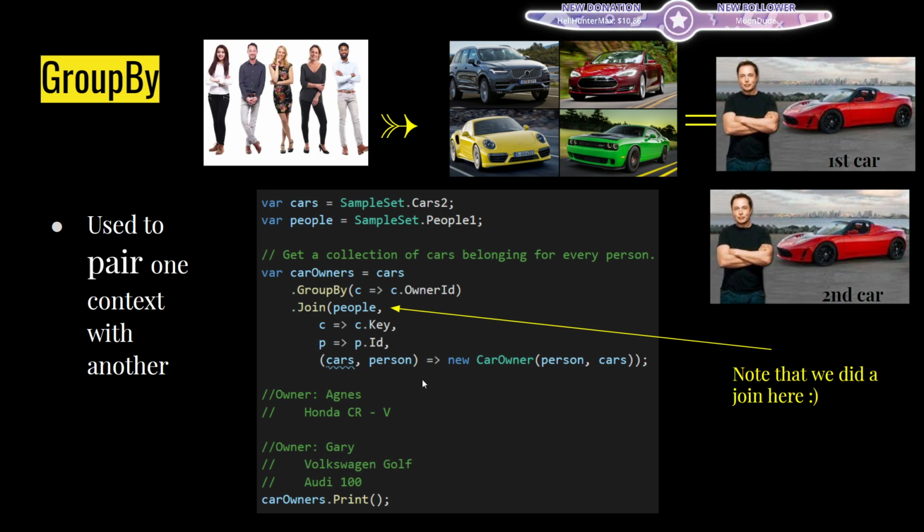And on top of those mappings of owner ID to cars, I stitch together also personal information. So I can now build a car owner fully by selecting a person by owner ID. And since I have a grouping of cars by owner ID, I can just add the cars of that grouping.